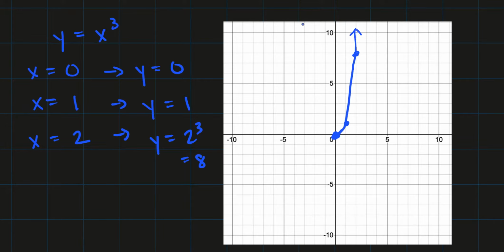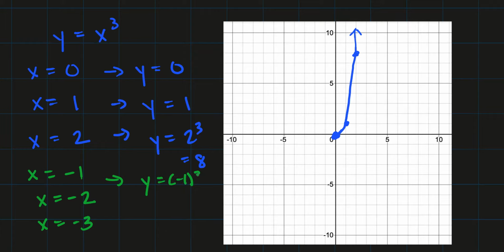So now let's choose 3 negative x values. Let's go with -1, -2, and we can do -3 as well. So when x is -1, we're going to take -1 and cube it.